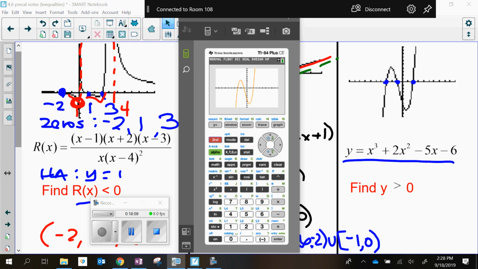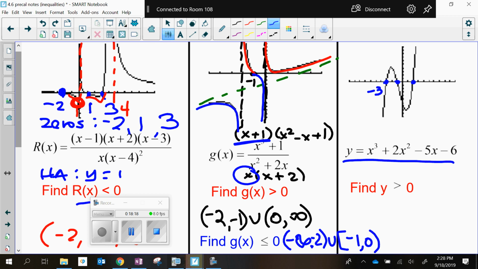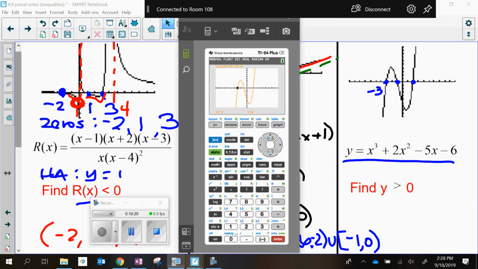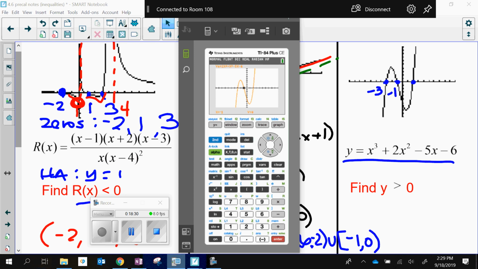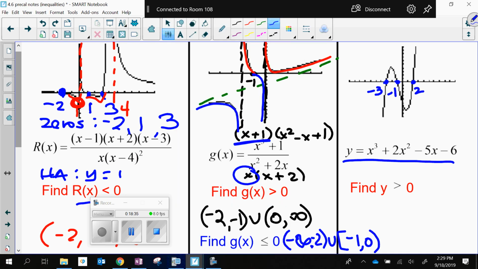So if I go -3 and I get a 0, then okay. So that's 1. It also looks like -1 might be 1. So I'm going to hit a -1 again. Okay, so now that other one, you think it's a 2? Yeah. Is it? All right. Okay, well, there we go. If you think you know, I'm just going to plug them in, and then we're good.